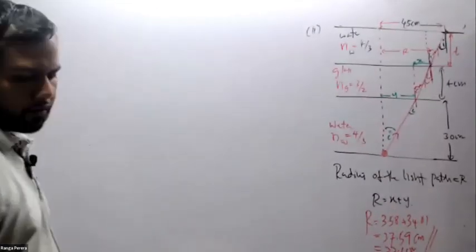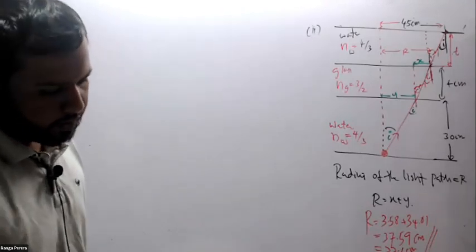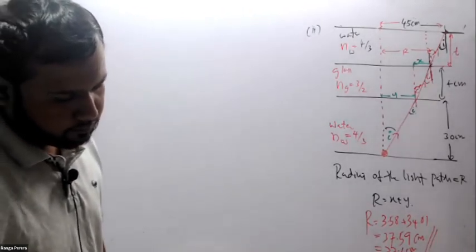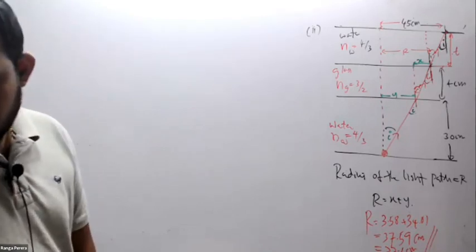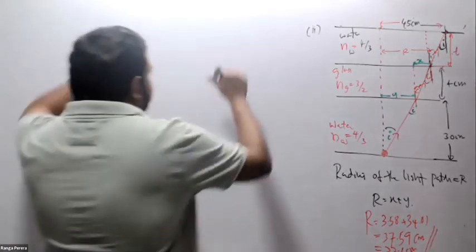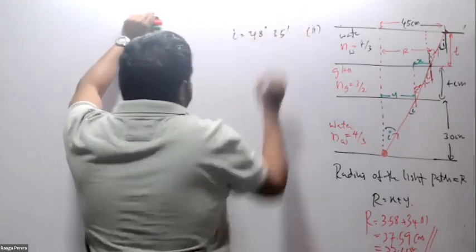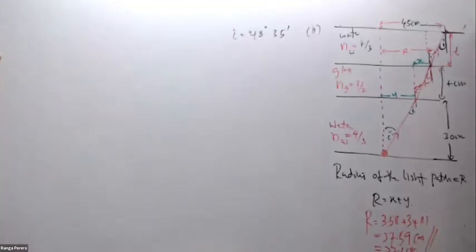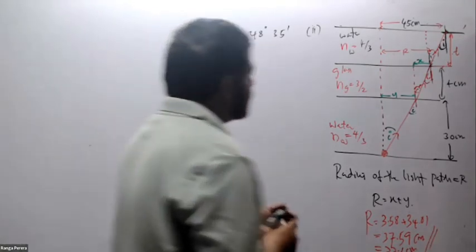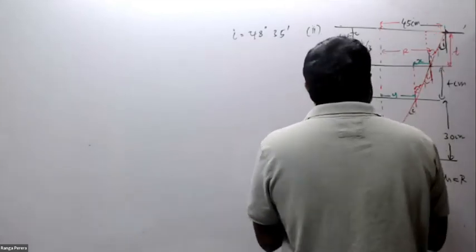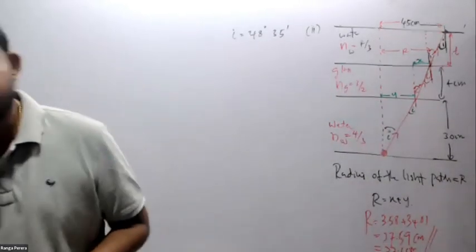Can one of you tell me the value of I, which we calculated earlier? Yes, I equals 48 degrees 35 minutes. Let's say this particular value, as I need you to draw this figure in your book.